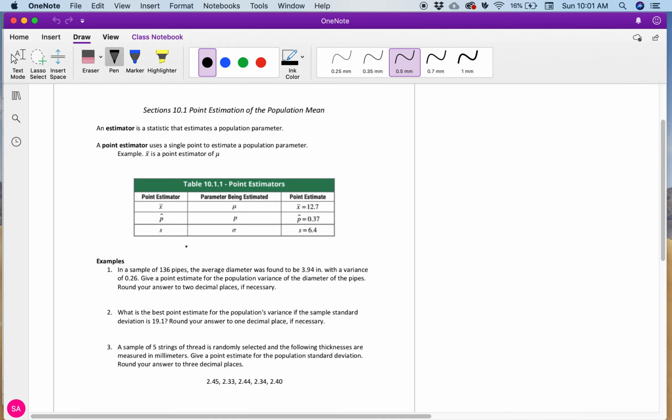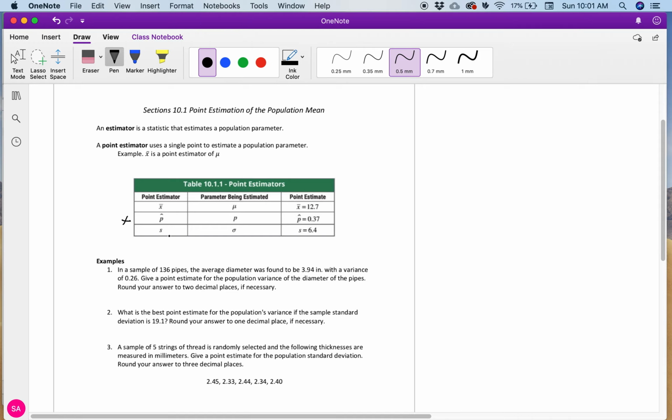So here's a little chart. Don't worry about this second row here. This is talking about proportions, which we're not doing in this class. But you should recognize this symbol for sample mean. That's a point estimator for population mean.